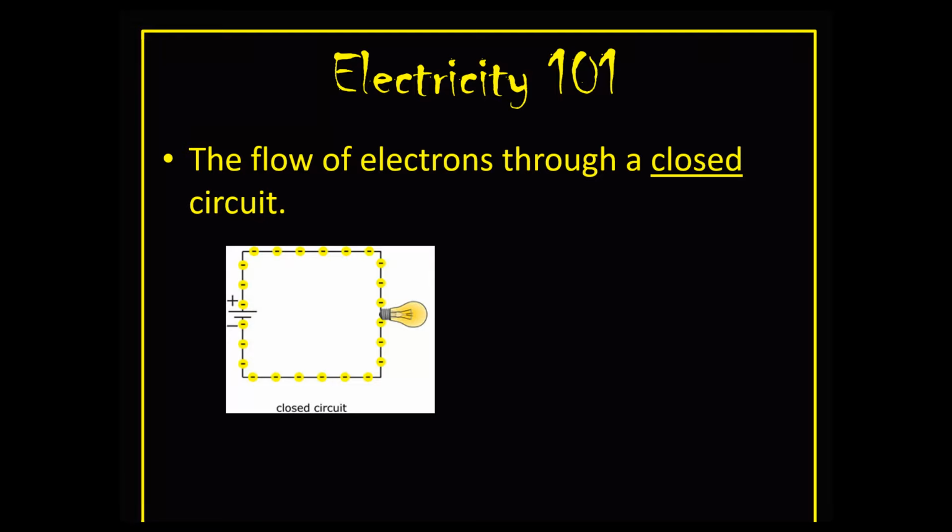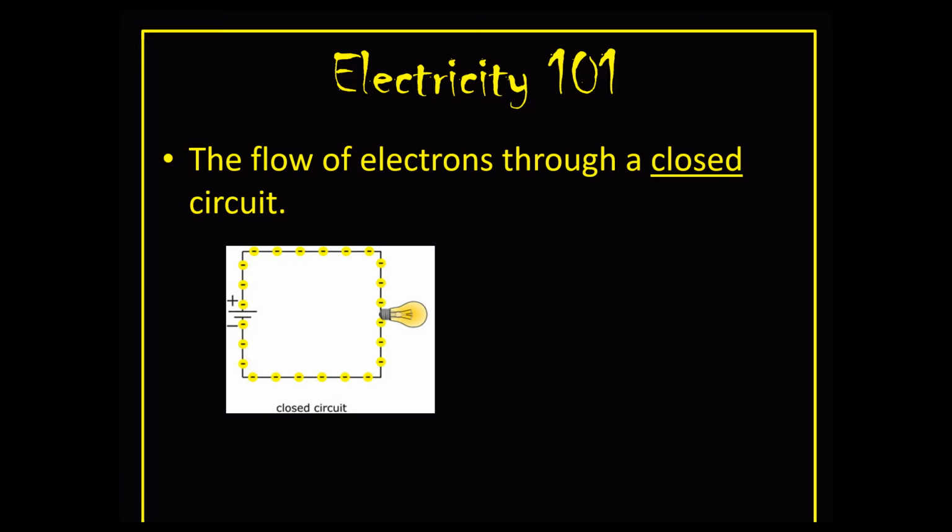So here in my picture, if I have a light bulb that's being powered, you can see those little negatively charged particles. Those are electrons that are moving from the power source, and they're creating what we call a closed circuit. And as long as we have a closed circuit, electricity can flow through and power the light bulb.